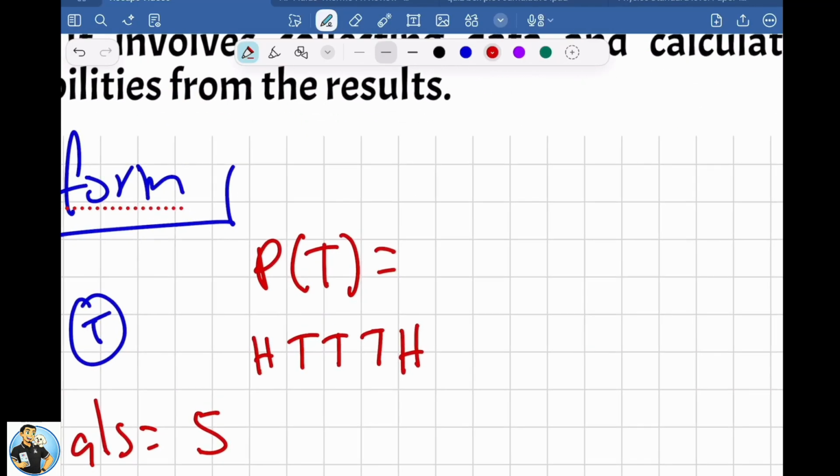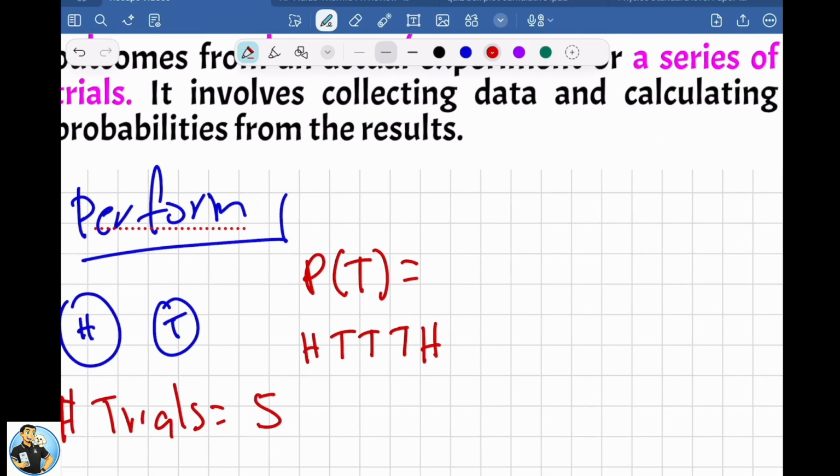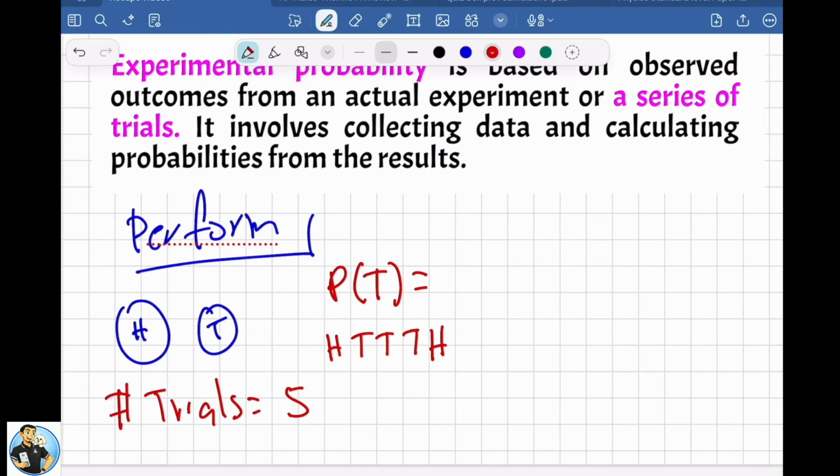Okay, so as you can see here, we did the experiment. We have these results: heads, tails, tails, tails, heads. So we need to check what is the probability of getting tails. So basically, according to this particular experiment, we can say that we have 3 out of 5 trials. So this is the probability.